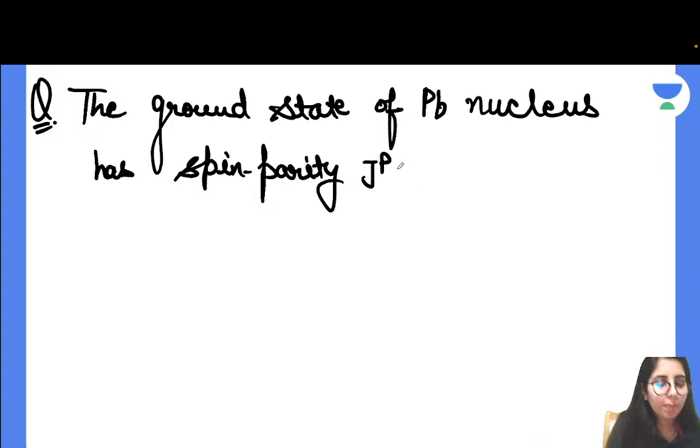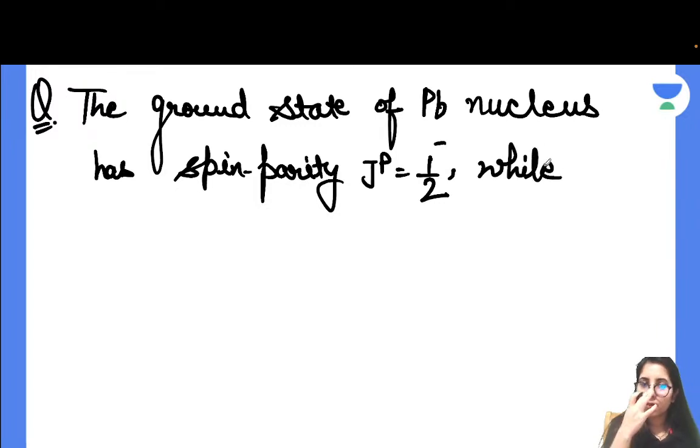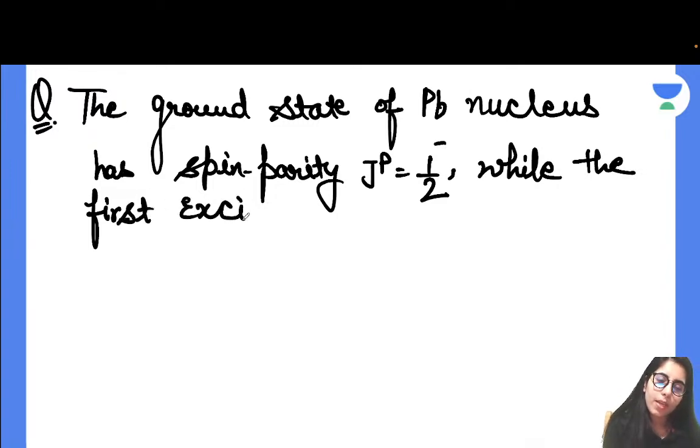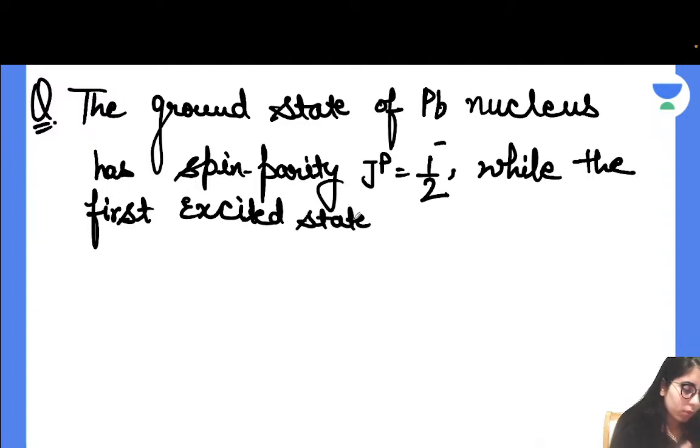Jp is equal to half negative, while the first excited state has Jp equal to 5 by 2 negative.